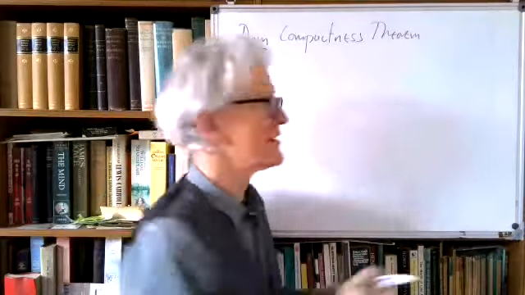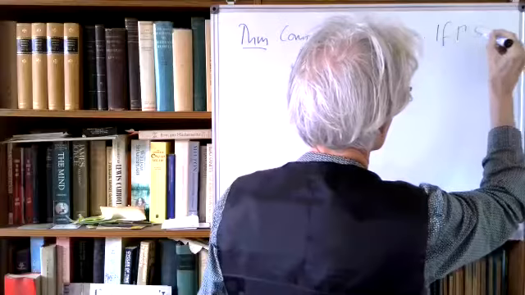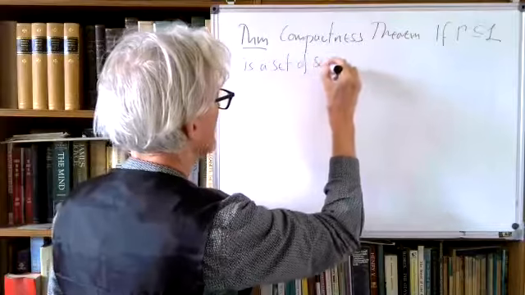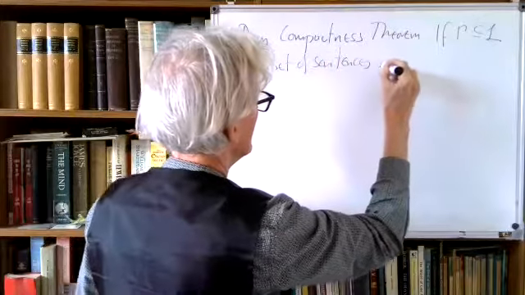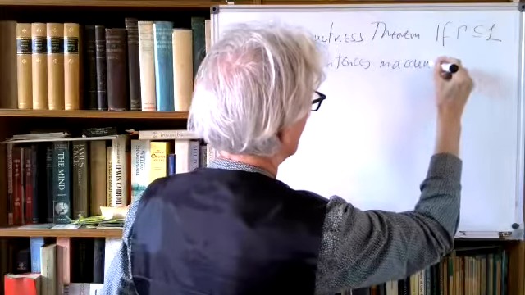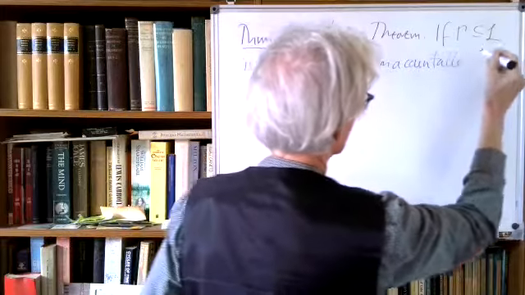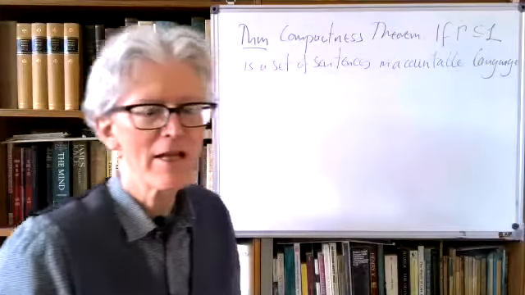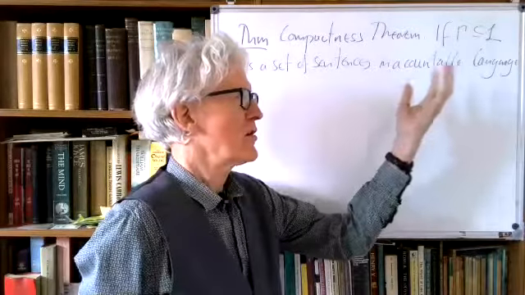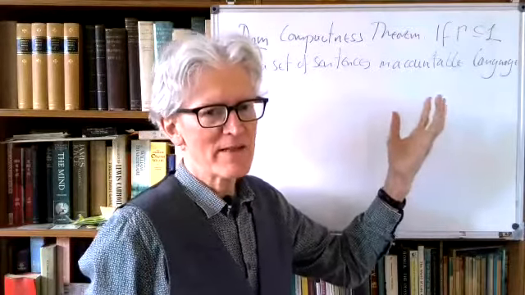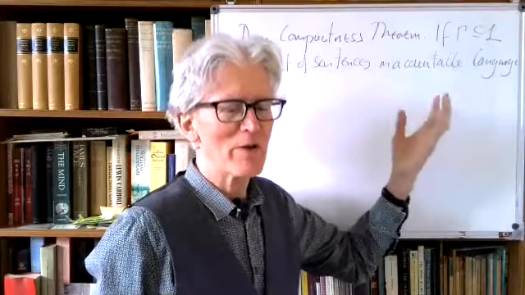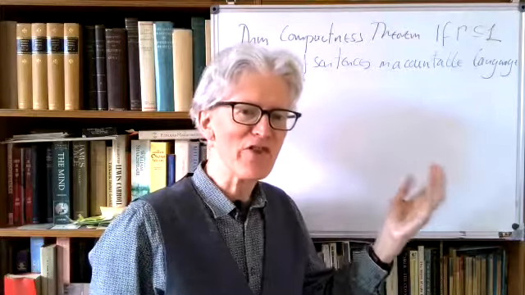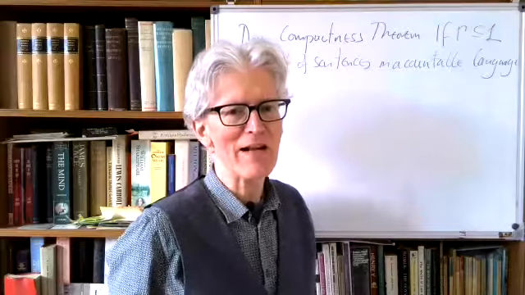If I've got a set of sentences in a countable language, then for the set of sentences to be satisfiable, in other words, to have a model or a structure in which they can all be interpreted as true, it's necessary and sufficient that every finite subset of gamma has such a model.